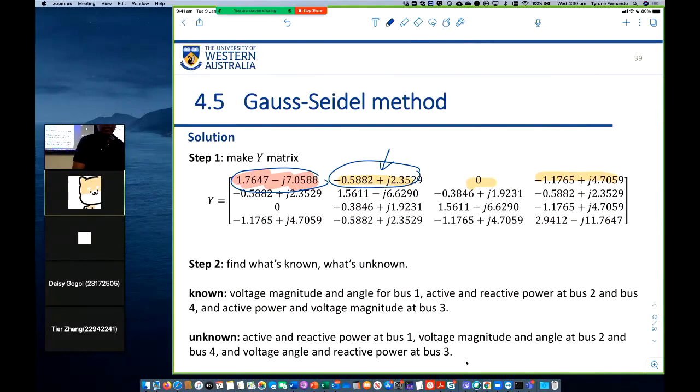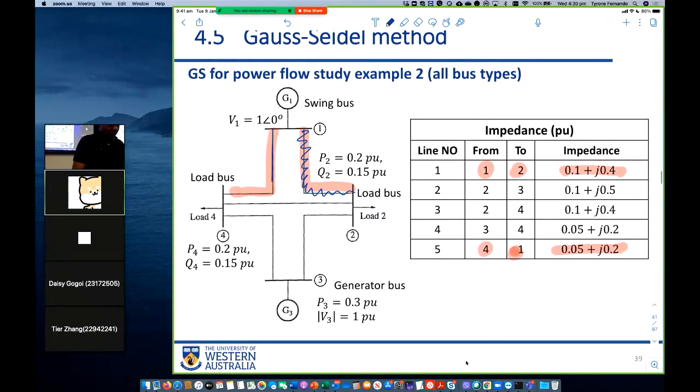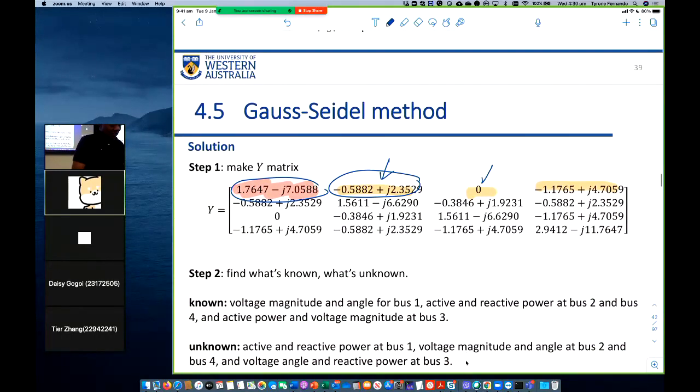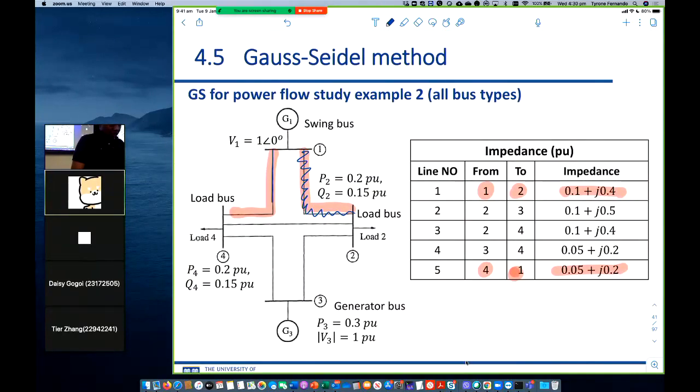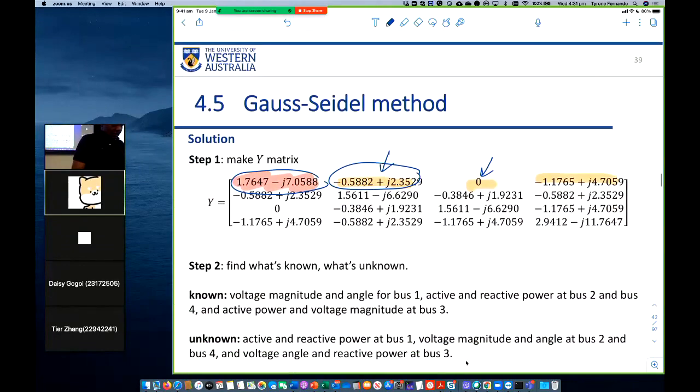Yeah, bus 1 to bus 2. The 1, 3 element is bus 1 to bus 3. There is no line connecting bus 1 to bus 3, so this value here is 0. Then the 1, 4 element is bus 1 to bus 4. So we look at the admittance of that line, which is the inverse of that, and then we negate that and put it in here.